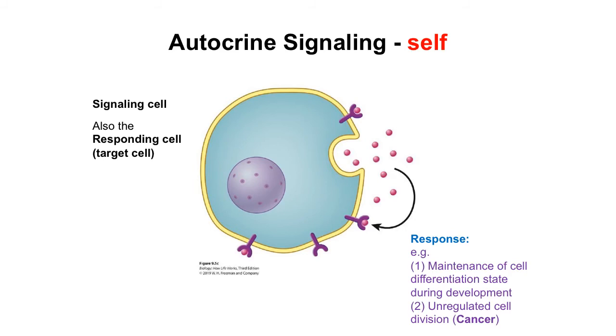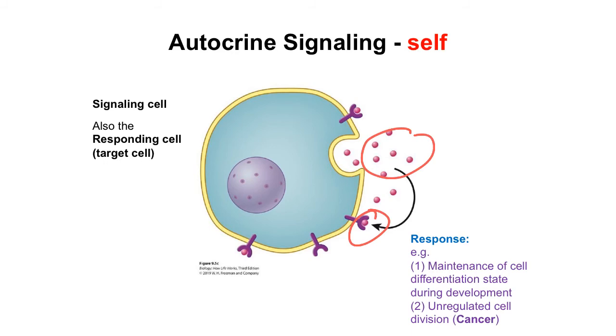So the signaling cell secretes signaling molecules, which then bind to receptors on the surface of the same cell and therefore trigger a specific response.